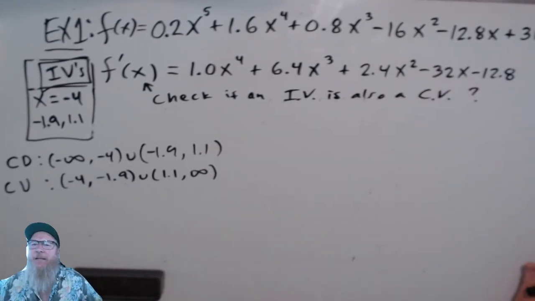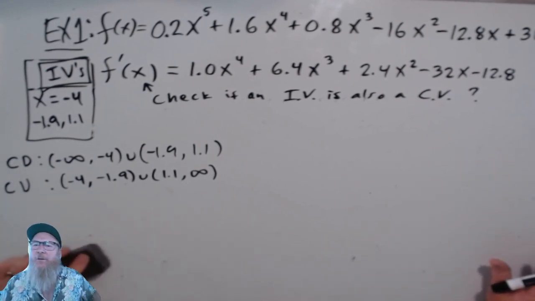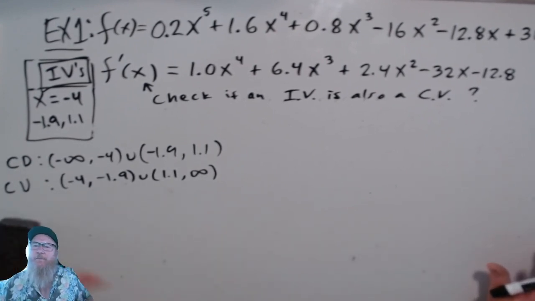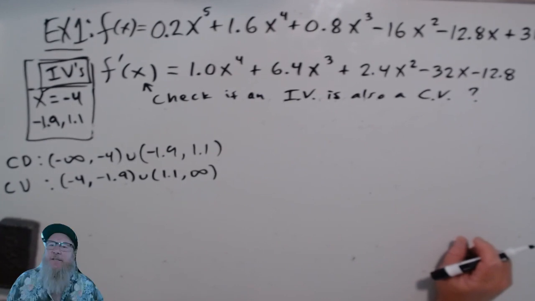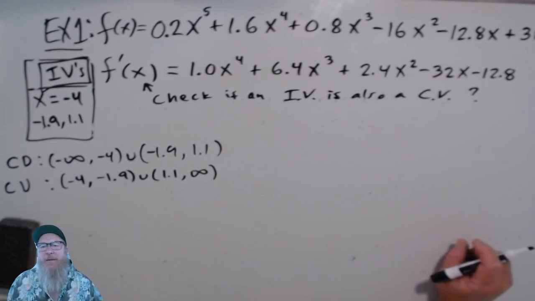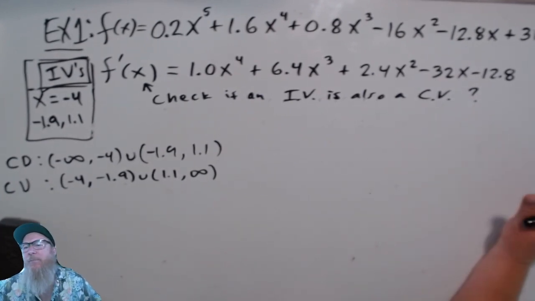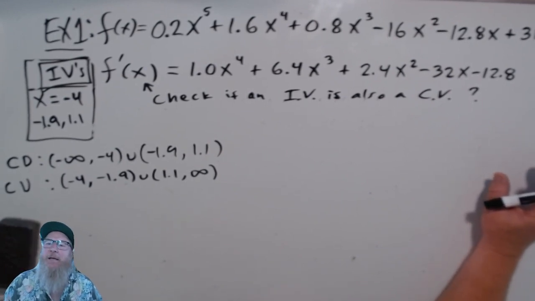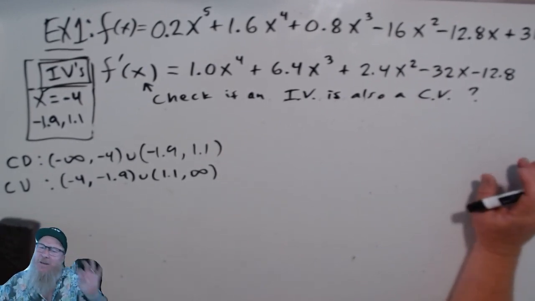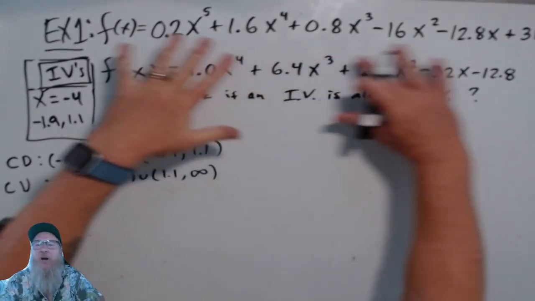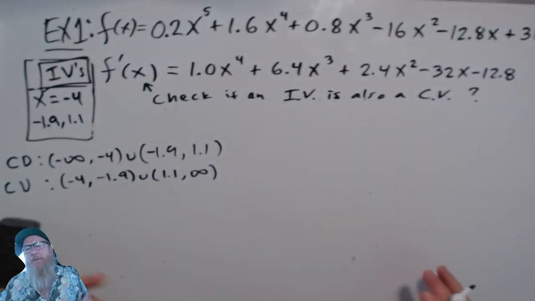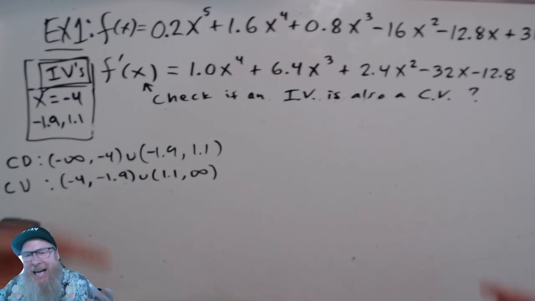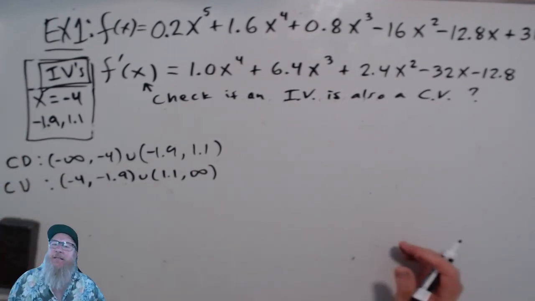Sometimes you get an inflection value that's also critical. You get sort of a double dipper. Yeah, we saw that in the last one. If that doesn't happen, then the problem is cruel and unusual, and I probably wouldn't be giving it to you. So I'm always going to give you a little something, especially with these larger ones. With a larger degree polynomial, I've got to give you something to crack it open.